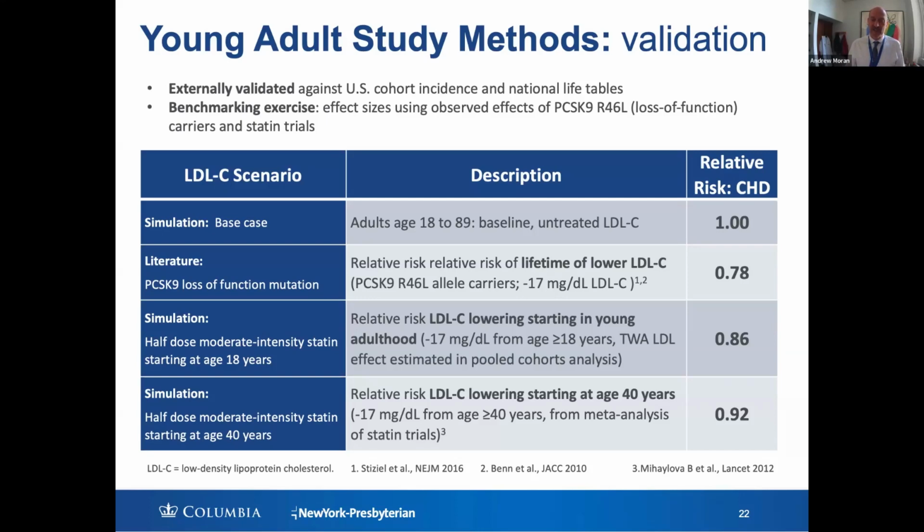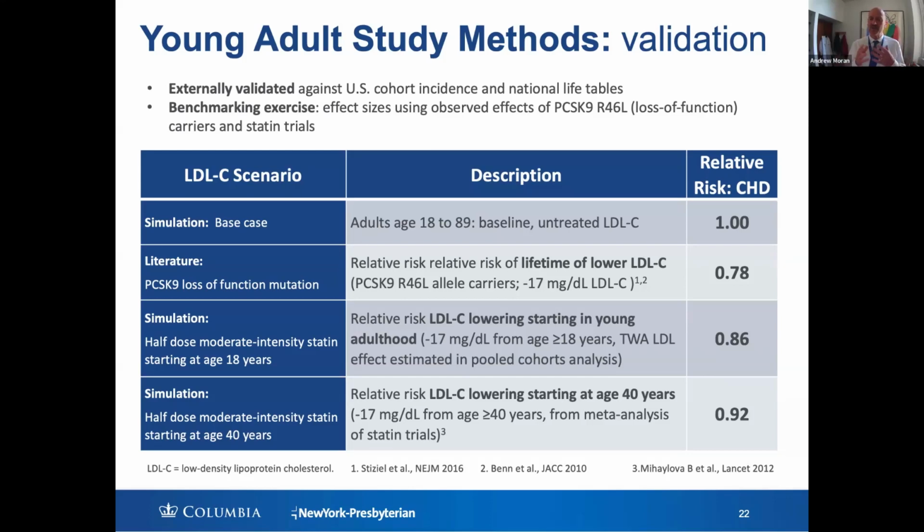And then we had a simulation using a moderate intensity statin starting at age 18. So this is young adult treatment. You can see the effect size is 0.86. And then you can see a moderate intensity statin starting at age 40. So this is middle-age treatment. And again, the same lipid lowering amount, but the effect size is about 0.92.